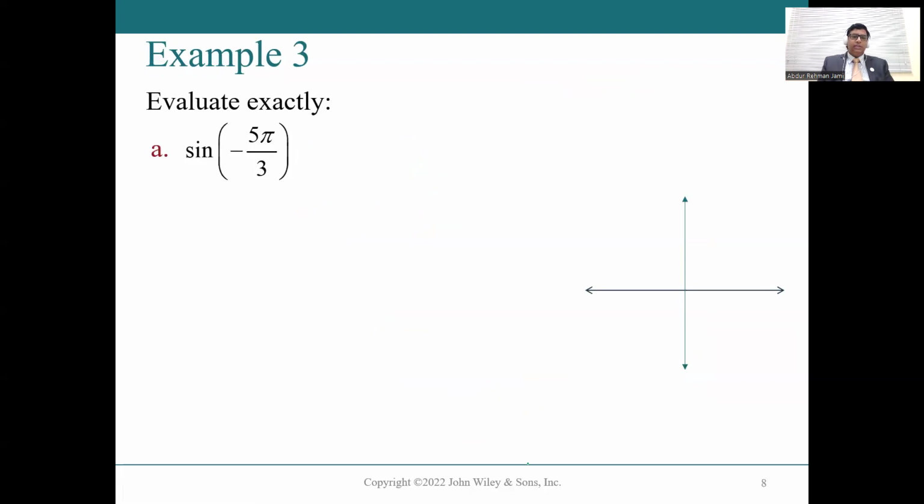Now, this is something different. Here you can see a negative sign with the sine function. But I introduced in the beginning, when you have a sine of negative angle, it can be simplified as minus sine of x. So let's work on this one by using this formula. So this becomes minus sine of 5 pi over 3.